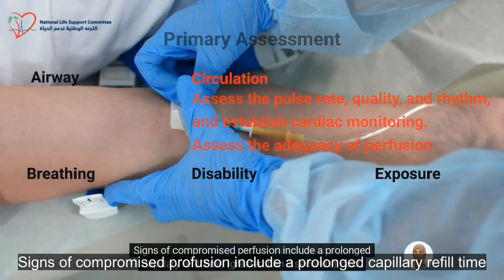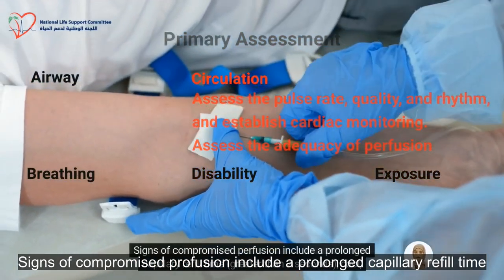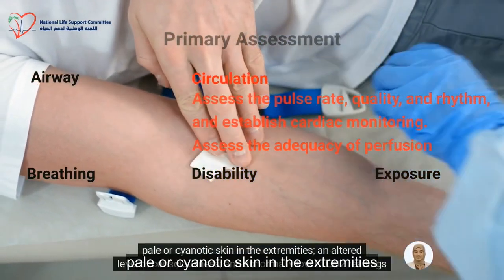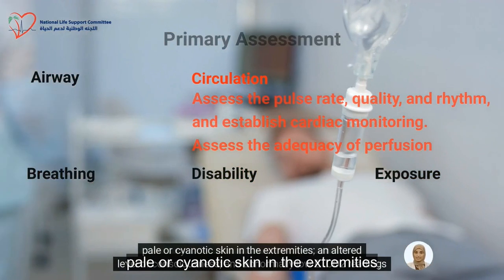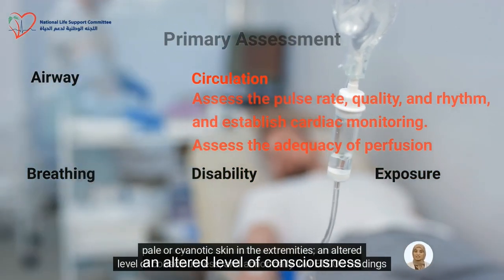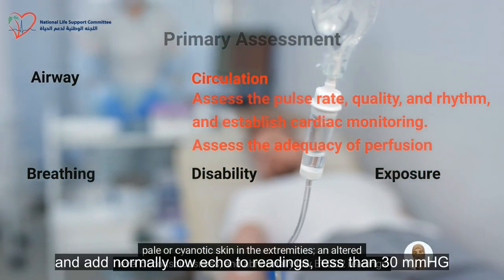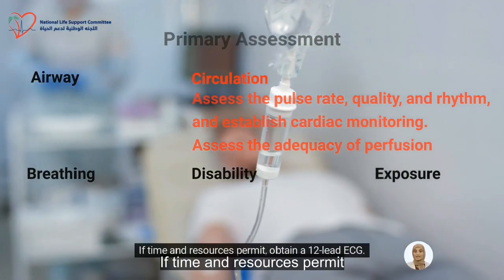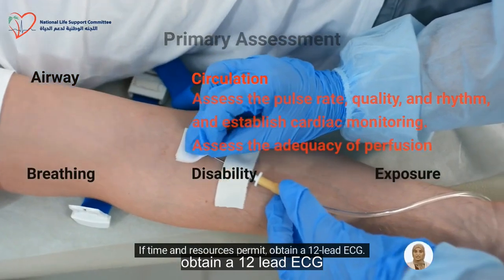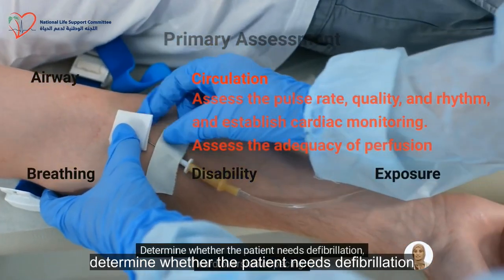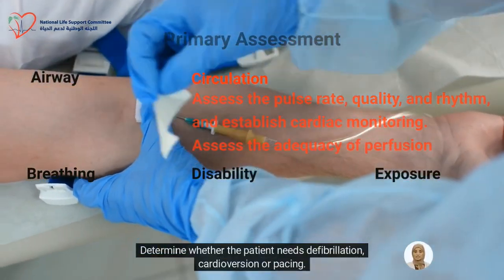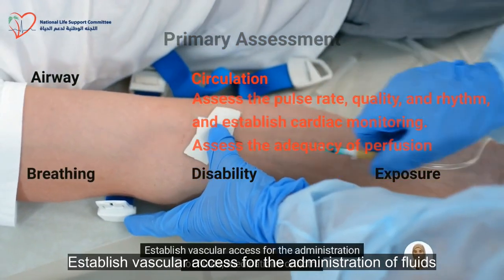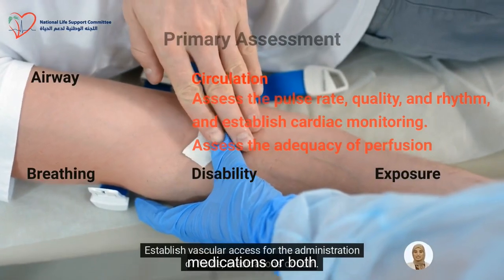Signs of compromised perfusion include a prolonged capillary refill time, greater than 2 seconds, cool, pale, or cyanotic skin in the extremities, an altered level of consciousness, and abnormally low ETCO2 readings, less than 30 mmHg. If time and resources permit, obtain a 12-lead ECG. Determine whether the patient needs defibrillation, cardioversion, or pacing. Establish vascular access for the administration of fluids, medications, or both.